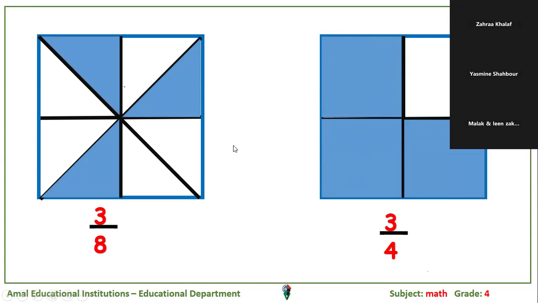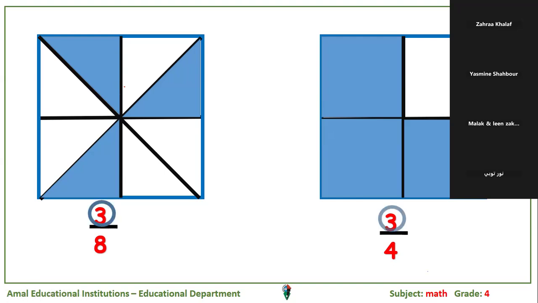And in the first example, 3/8, because we colored 3 parts from 8. The 8 is the total number of parts, and we write it in the denominator. The 3 in the numerator is the selected part, the colored parts, okay?